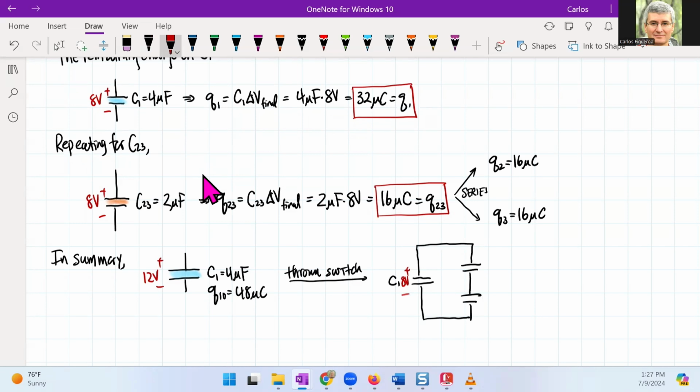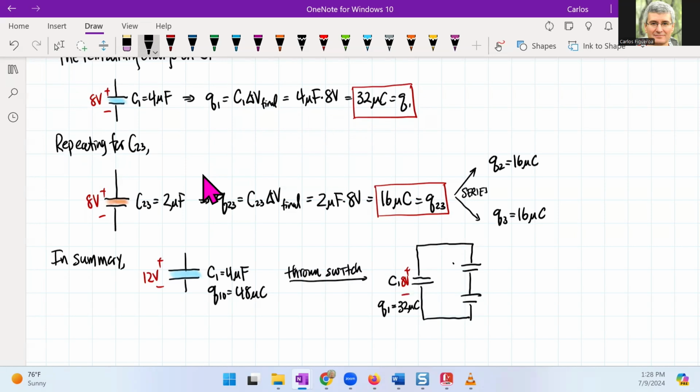Looking at the charges, this one has a charge of Q1, which we just calculated, 32 microcoulombs.